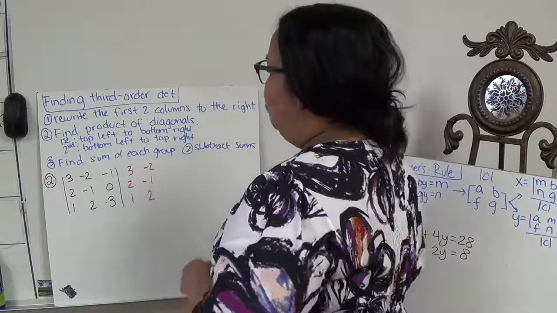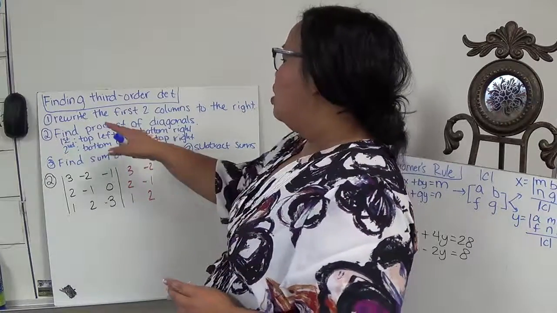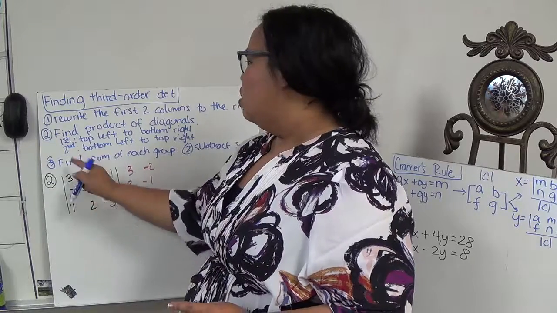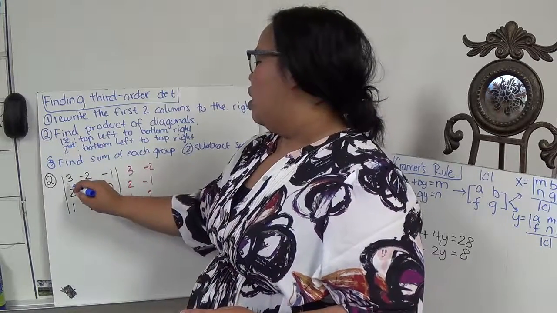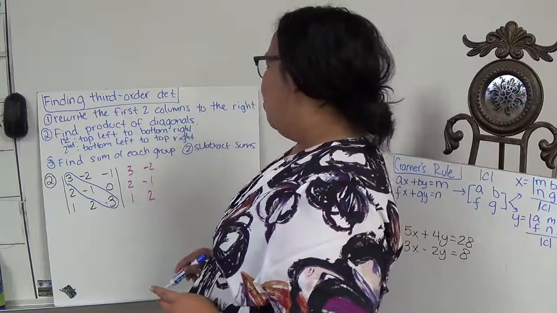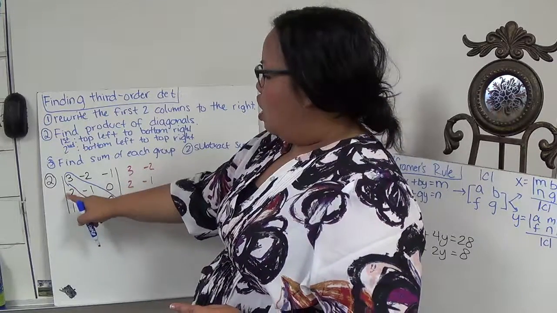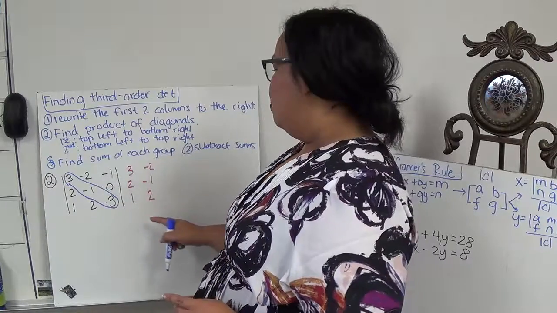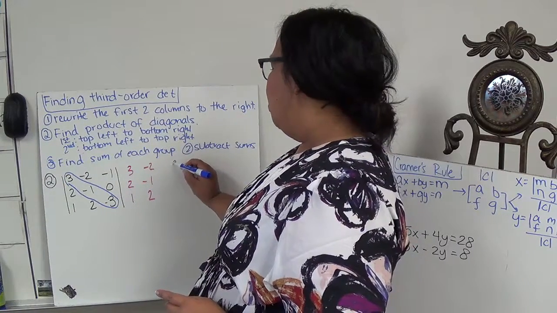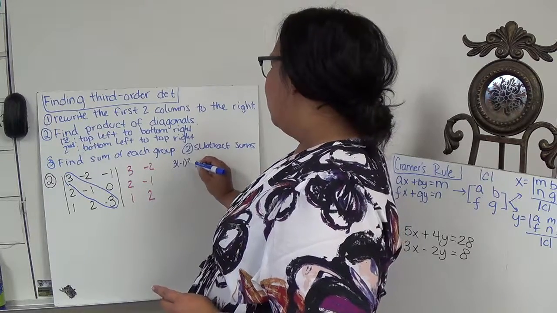The next step is to find the product of the diagonals. For the first set, I'm going to take diagonals from top left to bottom right. I have to start from here and go down. So the first group is 3 times -1 times 3.